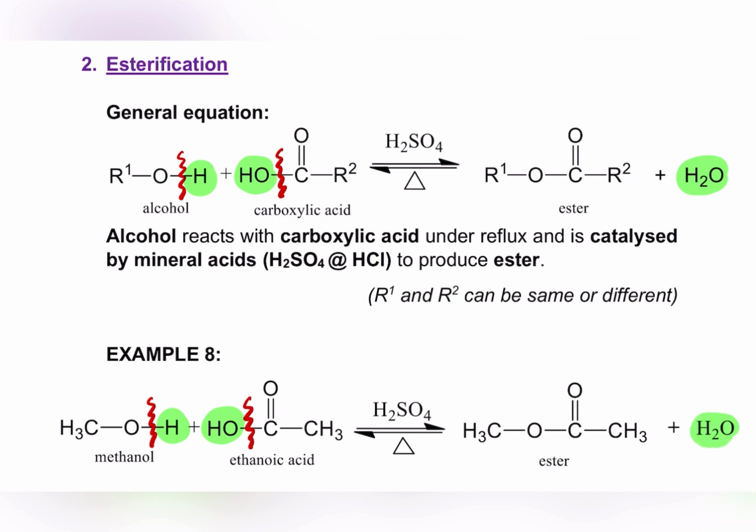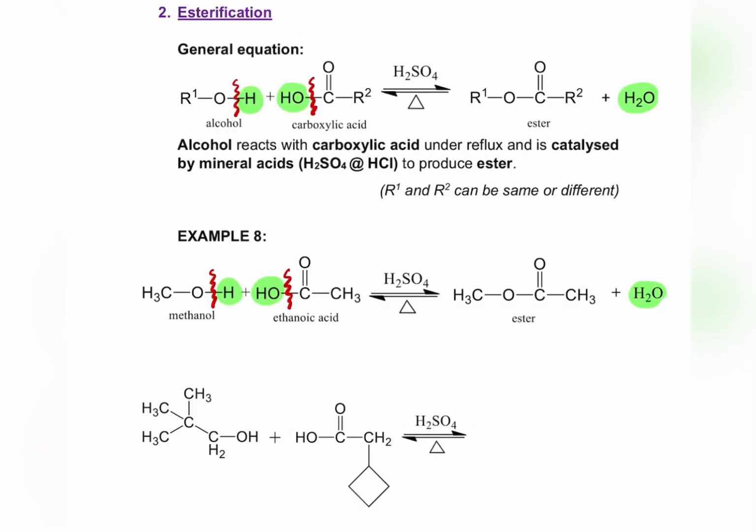Let's continue with one example. So I got this structure. How am I going to draw my equation? I got this as my alcohol with OH group attached to it, and I got my carboxylic acid with carboxyl group attached to it. I hope you still remember. So this is my alcohol and this is my carboxylic acid.